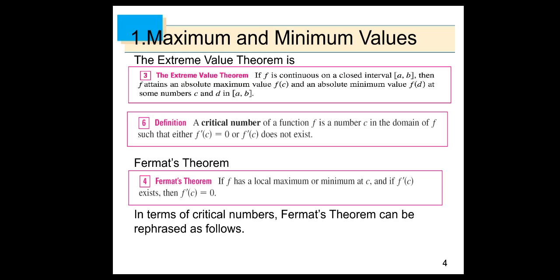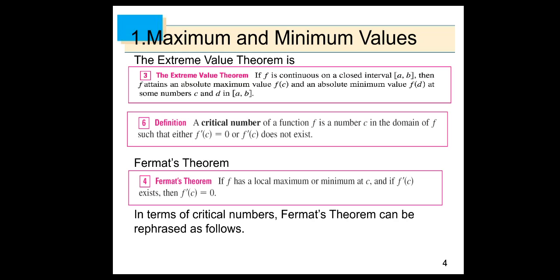Now comes Fermat's theorem. It says that if f has a local maximum or minimum at c, and if the derivative f prime of c exists, then that derivative should be equal to 0. That's the concept of Fermat's theorem.